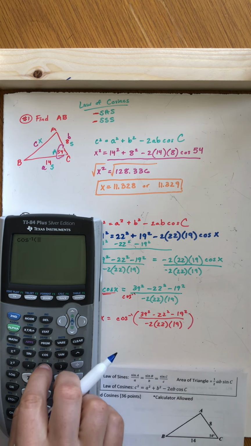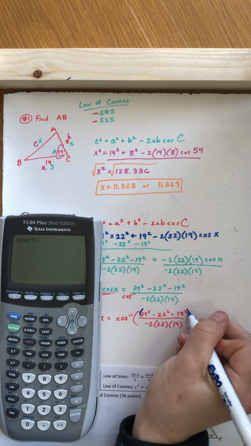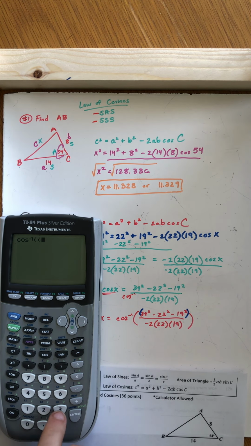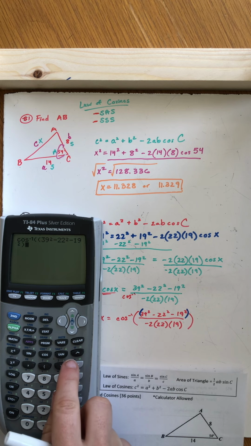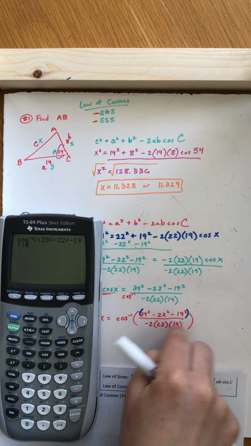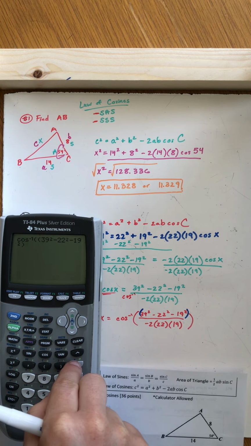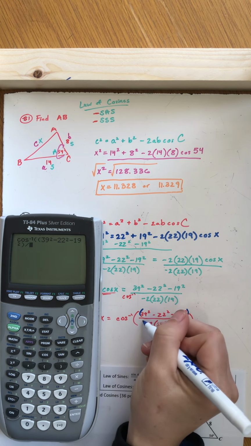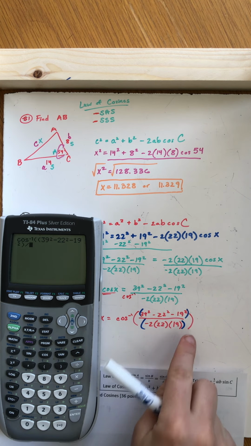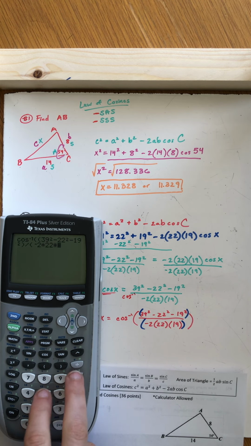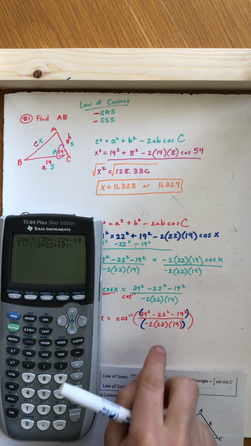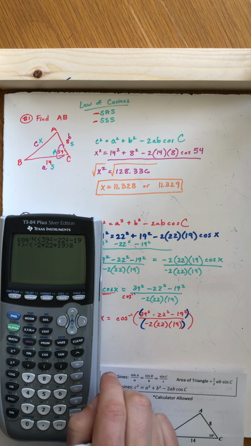Then I'm going to put an extra set of parentheses around these top numbers. So parentheses 39 squared minus 22 squared minus 19 squared. And I closed that set of parentheses. Now I'm going to be dividing by, and put another set of parentheses around the bottom. Negative 2 times 22 times 19, and then close that set of parentheses.